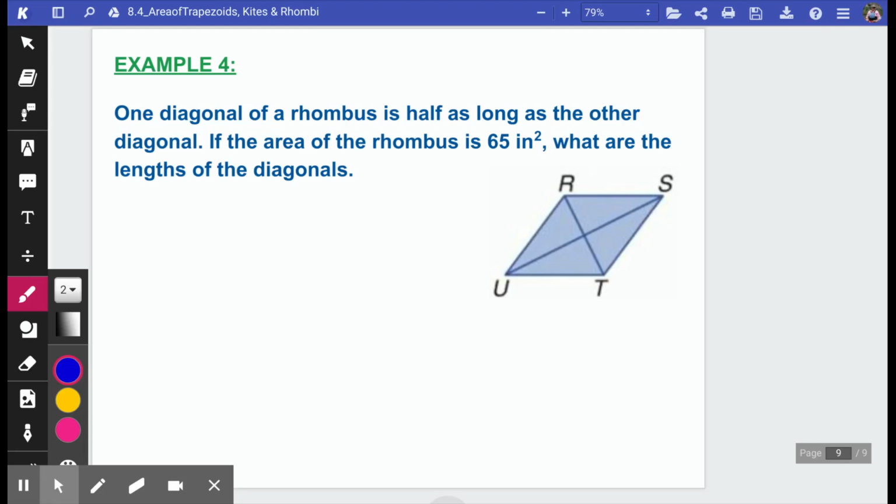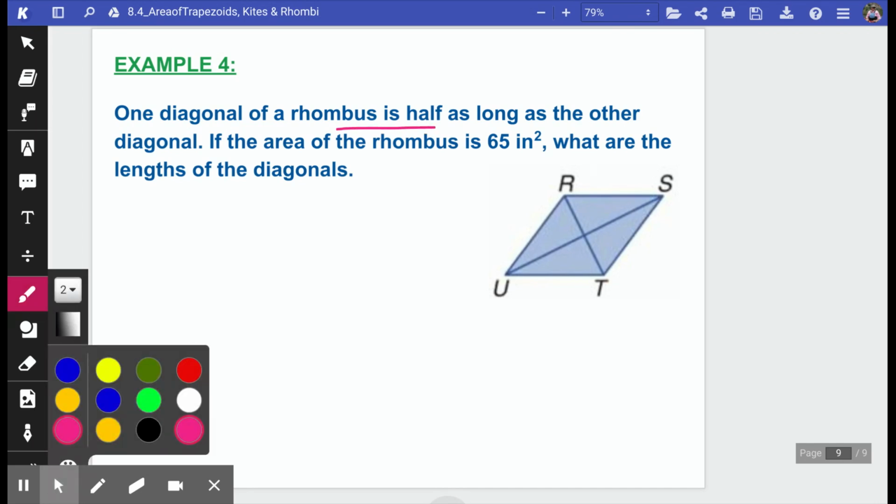Let's look at one last example dealing with rhombuses. This question is saying one diagonal of a rhombus is half as long as the other diagonal. If the area of the rhombus is 65 inches squared, what are the lengths of the diagonals? So our goal here is that we want to find the length of the diagonals.